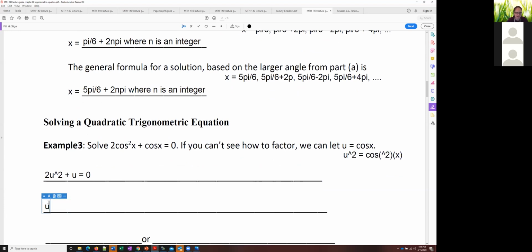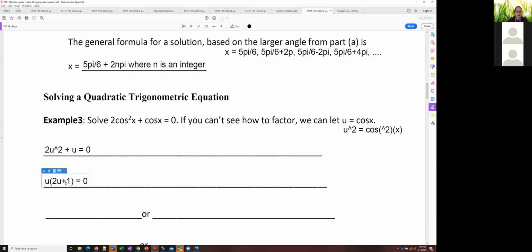Okay, so we would factor this as u times 2u plus 1 equals 0. Does that look okay? So now we're multiplying two things together, and we know that when we multiply them together, they equal 0. So either u equals 0 or 2u plus 1 equals 0.